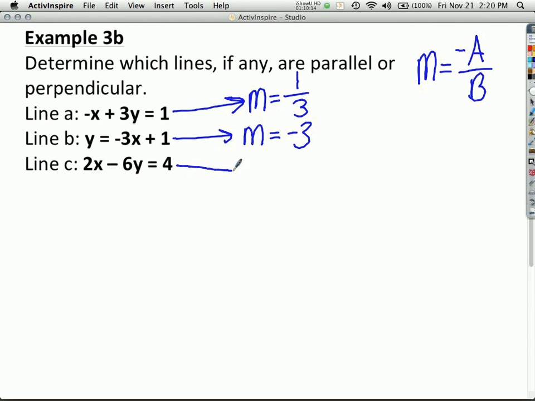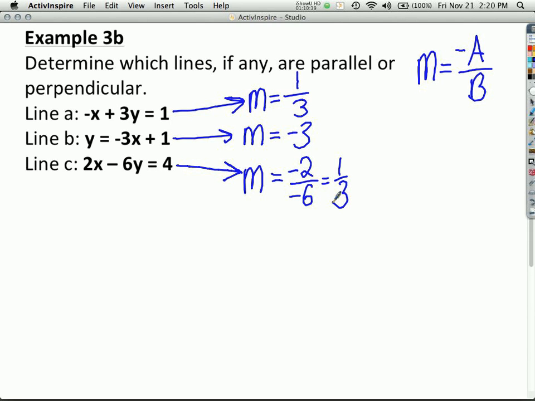You could do the same thing for line C. Because it's in standard form, you do the opposite of A. A is 2, so the opposite is -2, over B, which is -6. Now put that in simplest form. Of course, it comes out to 1/3.